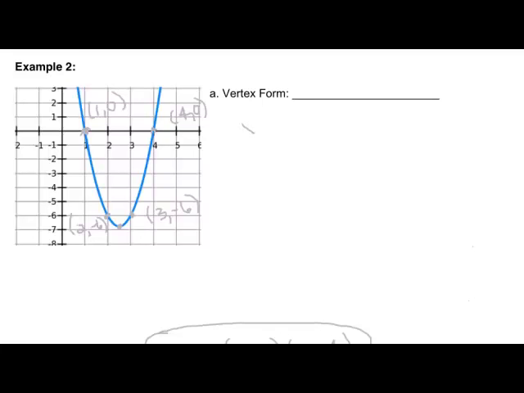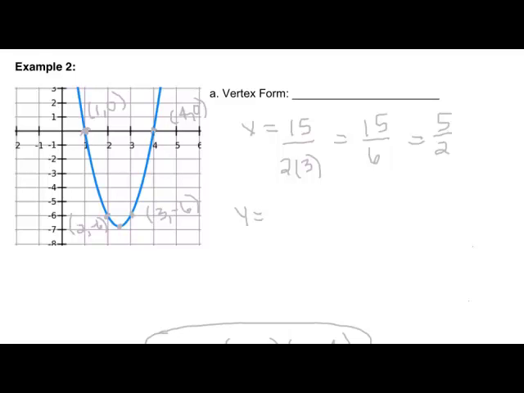So let's go up to the top here. I'm going to show you getting the vertex from standard form. So I'm going to find my x value for our vertex first. So x equals the opposite of b. So our b value is negative 15. So it's going to be positive 15 all over 2 times a, or 2 times 3. So this is 15 over 6, which is 5 halves. So again, that is my x coordinate of my vertex. So then I'm going to plug that into the equation to get my y value.